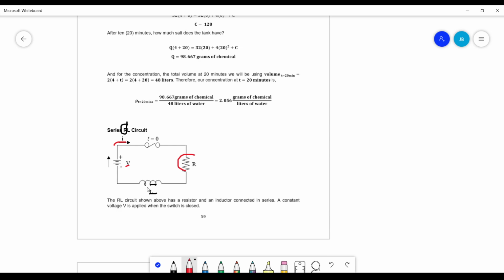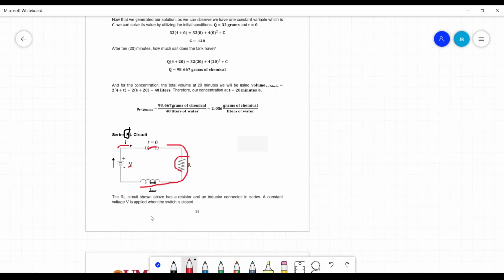This is an open switch. It starts with time 0 because in the beginning nothing has started yet. Now when we close the switch, that's the time that the current will flow, up to the voltage source.